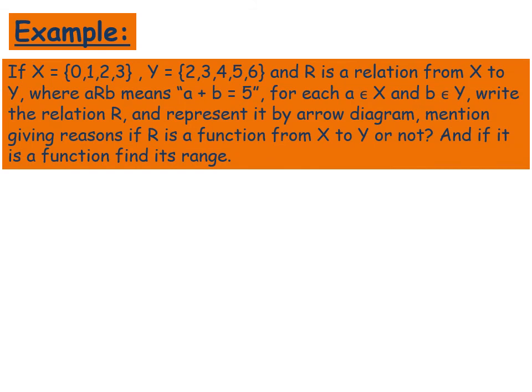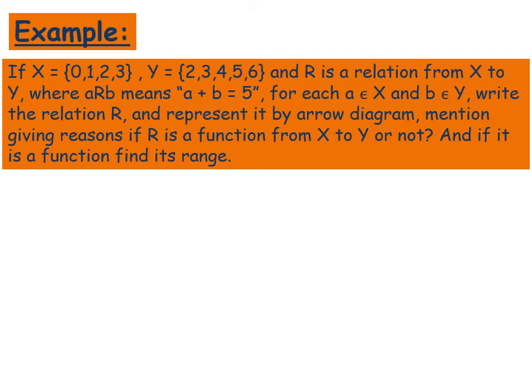Another example. If x equals {0, 1, 2, 3} and y equals {2, 3, 4, 5, 6} and R is a relation from x to y, where a R b means a plus b equals 5.